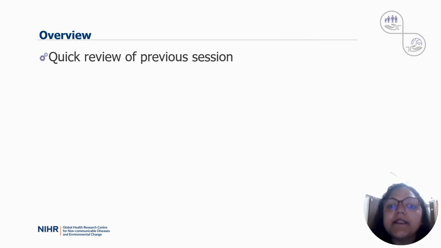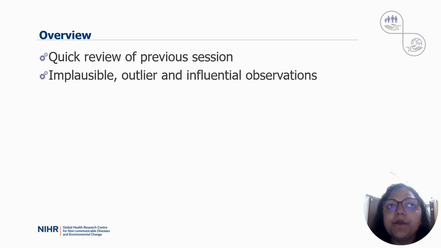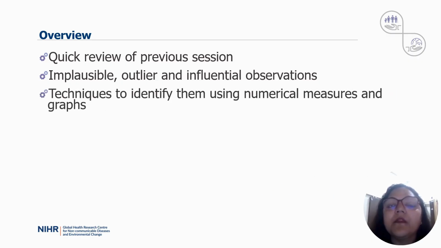We will begin the session with a quick overview of what we studied previously. We will look at the concepts of implausible values, outliers, and influential observations in your data. We will understand techniques to identify them using numerical measures and graphs.